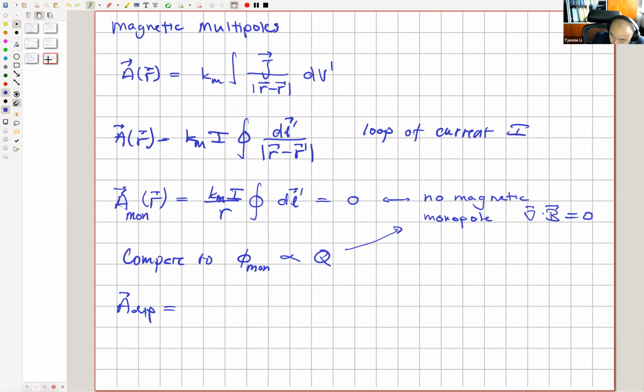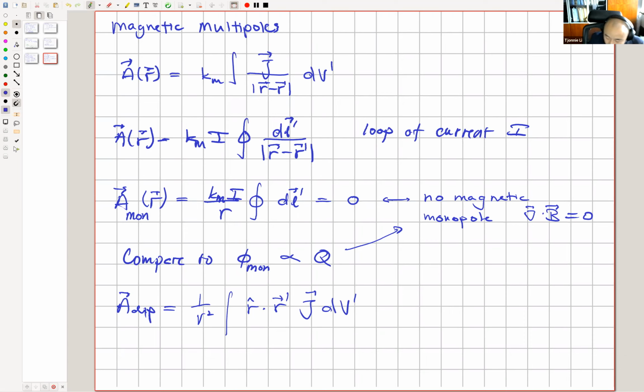So I can do the same thing here. I could write 1 over r squared integral of r hat dot r prime, and here is j dv prime. Just again, remember that j only exists in r prime.